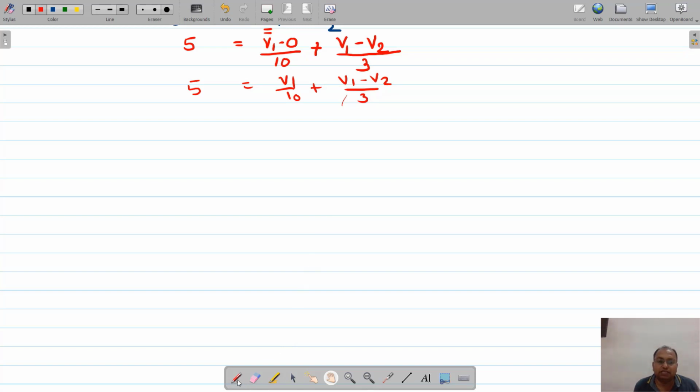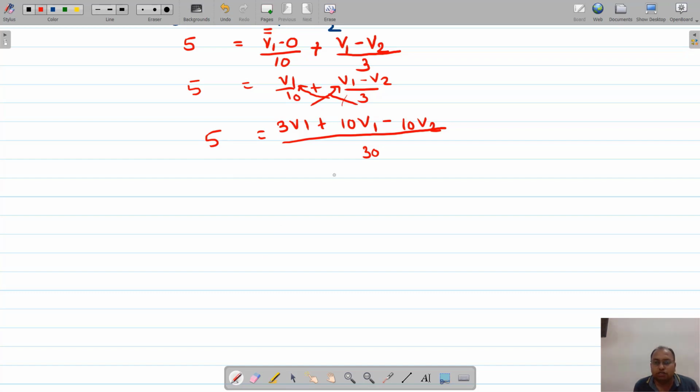By means of LCM, make the denominator common and do the cross multiplication, so 3V1 plus 10V1. Let us do the cross multiplication of the terms so that we can make the denominator common. So 10V1 minus 10V2 divided by 30. Am I right? So divided by 30, isn't it?